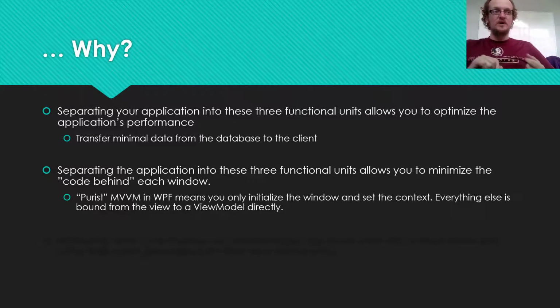Those 2 lines of code should be the InitializeComponent call that actually sets up all of the event handlers for the window, and the call that actually creates the data context link. So you can set the data context to be the view model, and you can set up the window, and that's it. So in the purest definition, you don't even have click handlers.